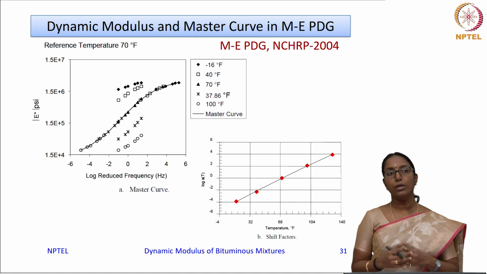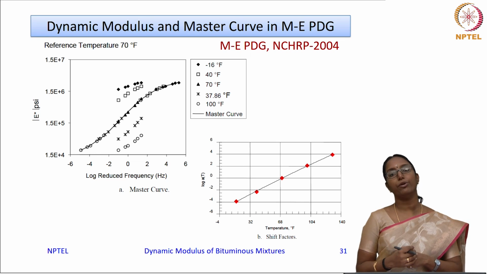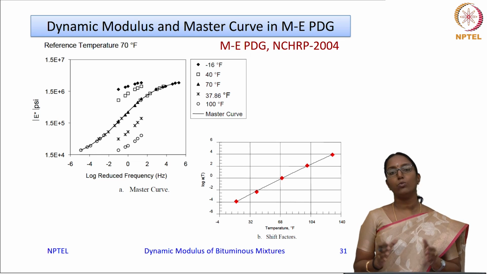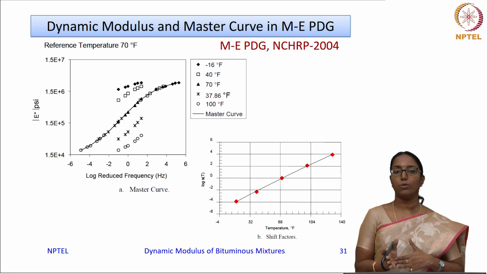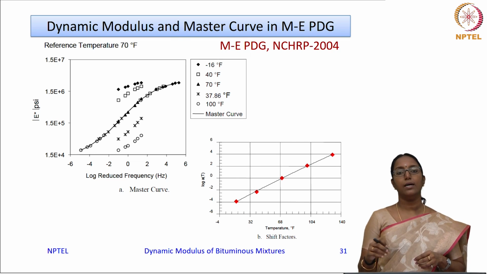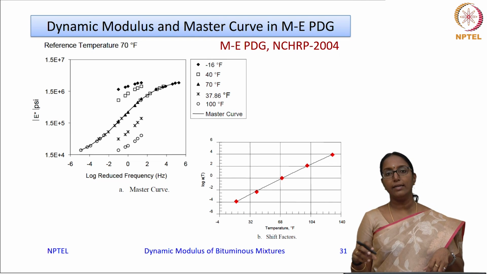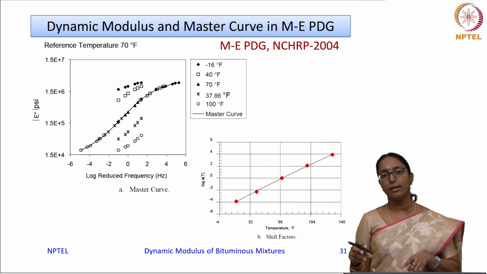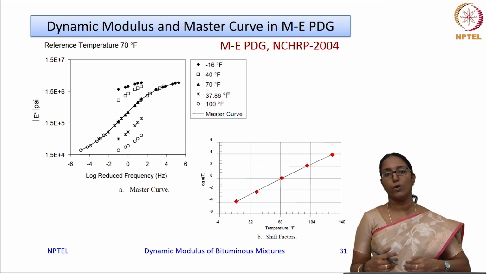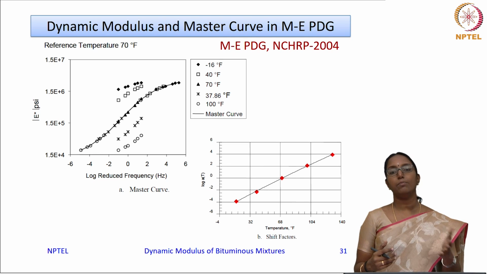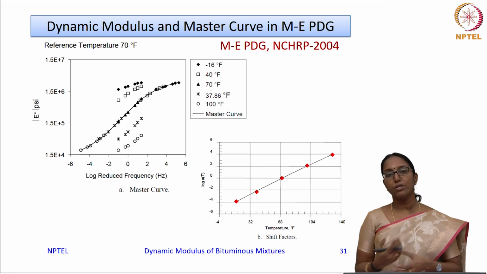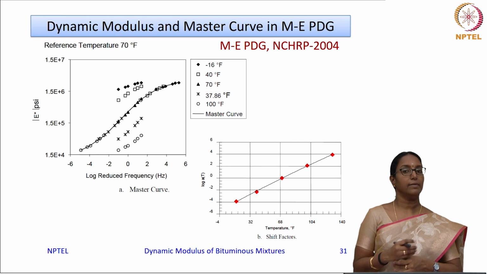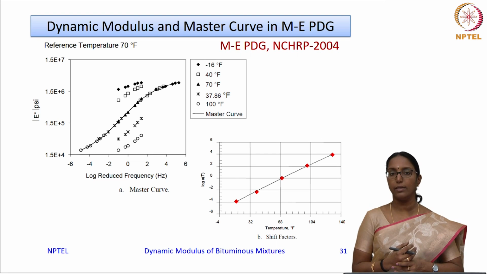So, in order to get that particular value, what you normally do is prepare what is called a master curve. You shift this data into a sigmoidal function to represent one general expression or one general curve which will give you the dynamic modulus and phase lag for any particular temperature or frequency that you are looking at. The preparation of the dynamic modulus master curve is explained by Professor Padma in her lecture.